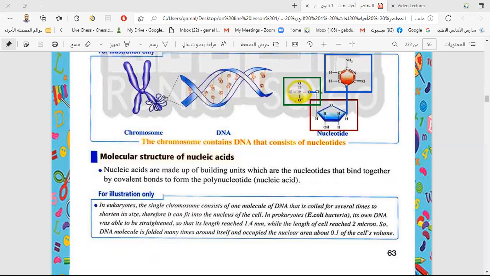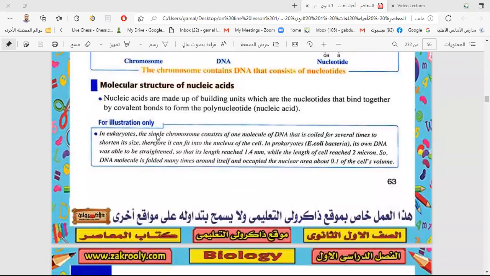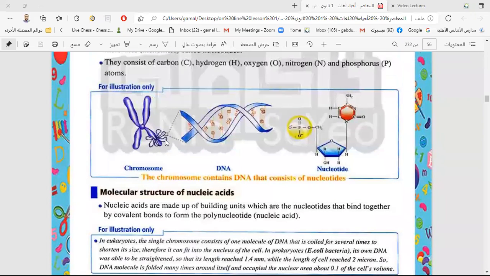let's talk about the structure of DNA. When we are making a DNA molecule, we make a long chain of nucleotides. When we are making a long molecule of DNA, we make a bond between nucleotides together.